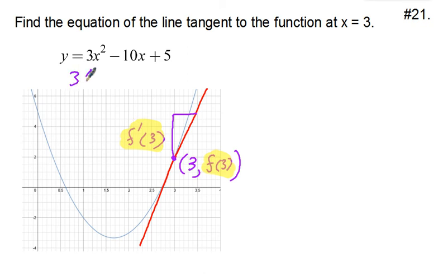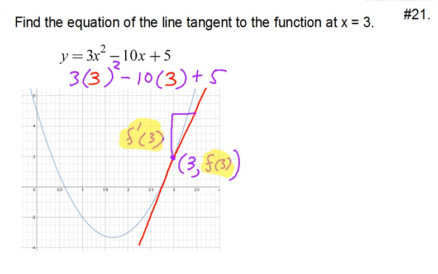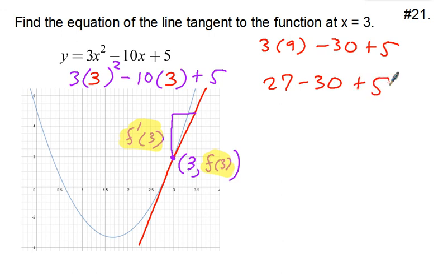Okay, so first off, we'll find the output when x is 3. So we get 3 times 9 minus 30 plus 5, so 27 plus 5 is 32, minus 30 equals 2.